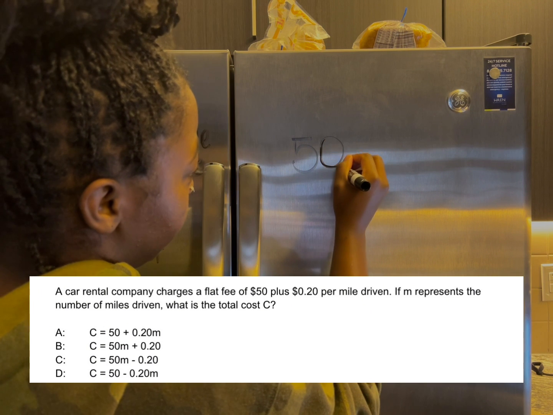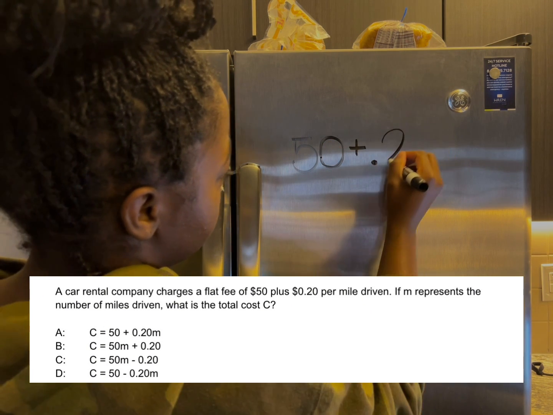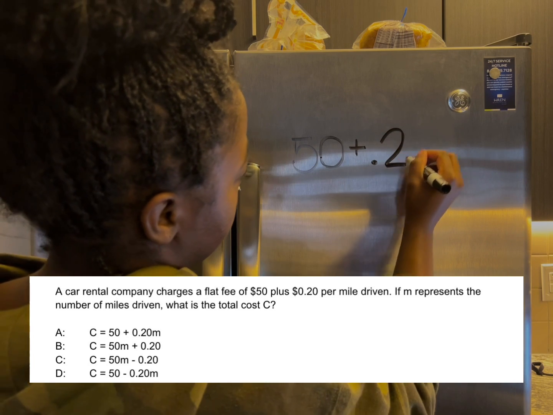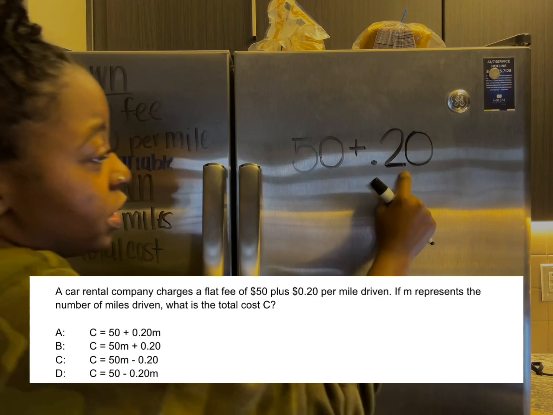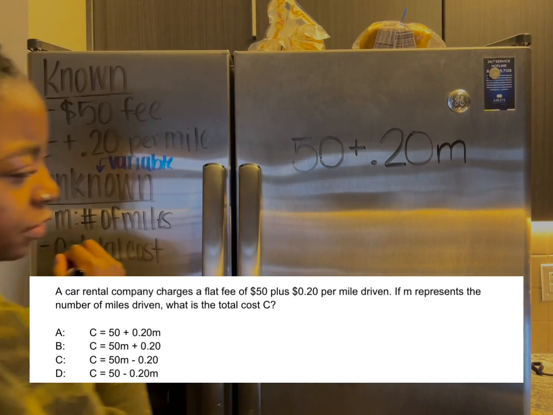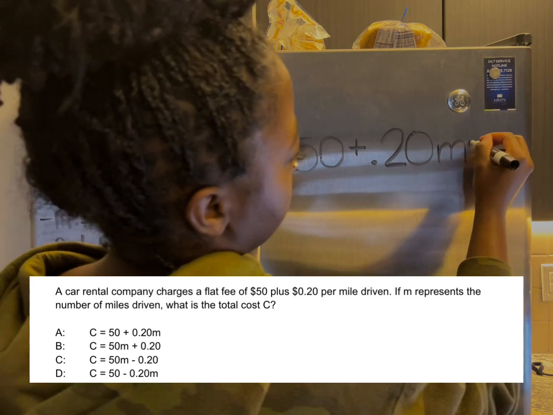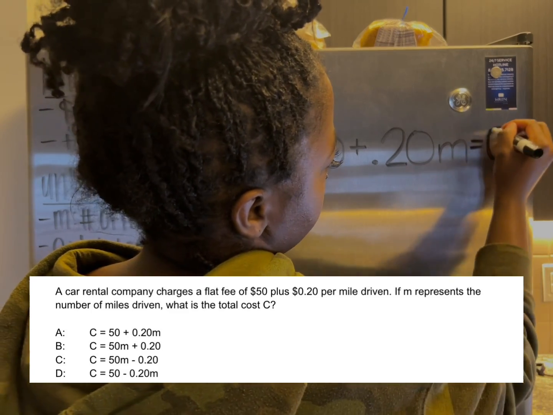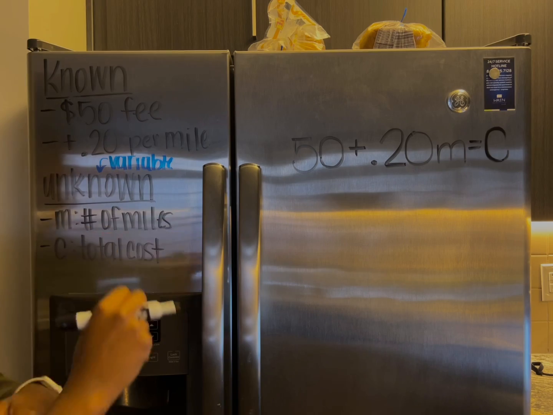So the $50 flat fee plus 20 cents. M represents how many miles? 20 cents per tells me to multiply, mile. And then the total always goes at the end, C. It's our equation: 50 plus 0.20M equals C.